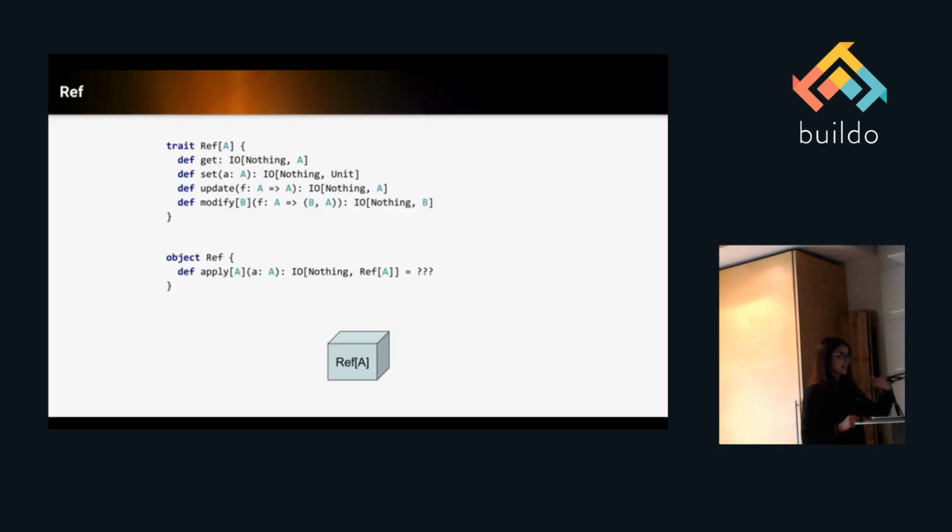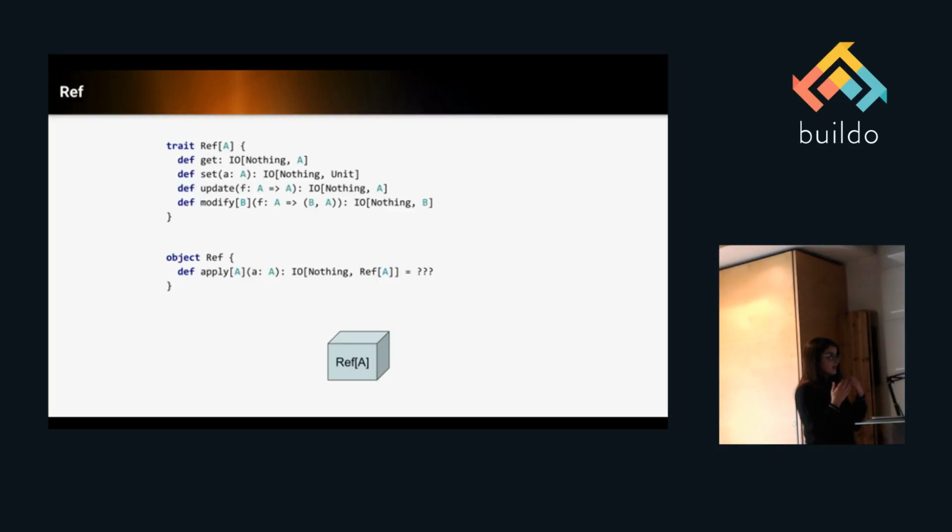So Ref has get and set, update and modify functions. For update, you have the old state and you can update it, and modify here is more powerful. You can do your computation using the old state, and at the same time modify it.